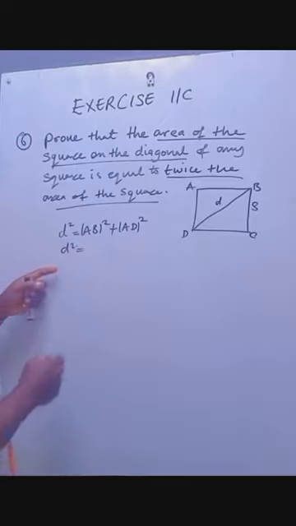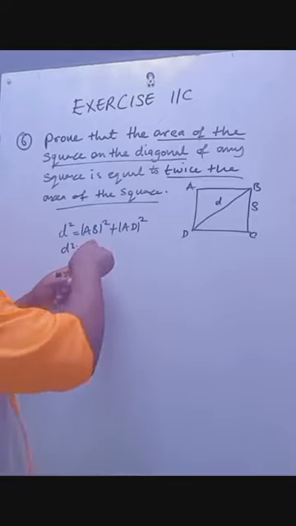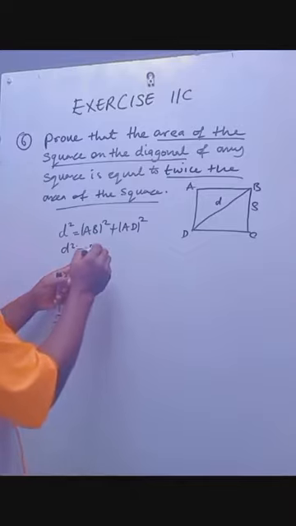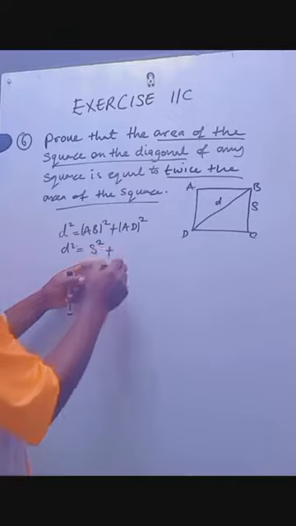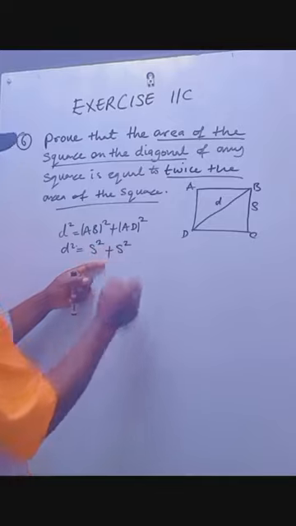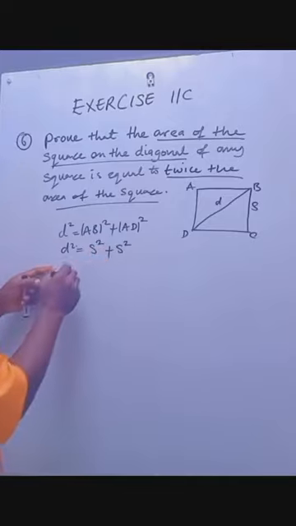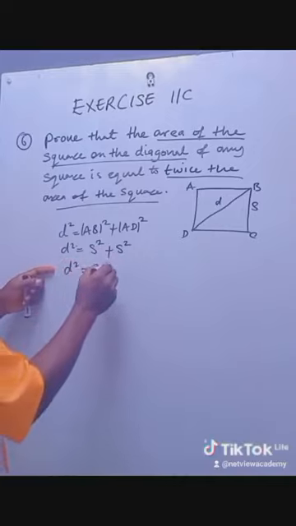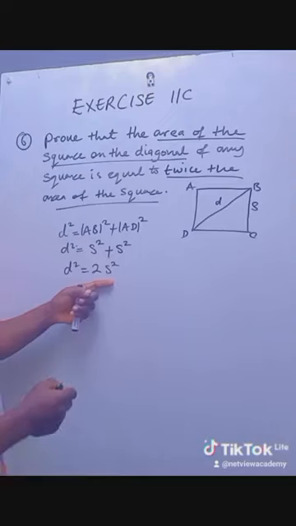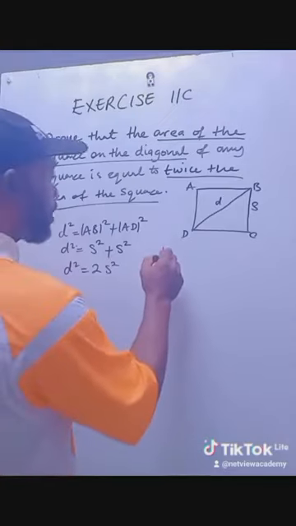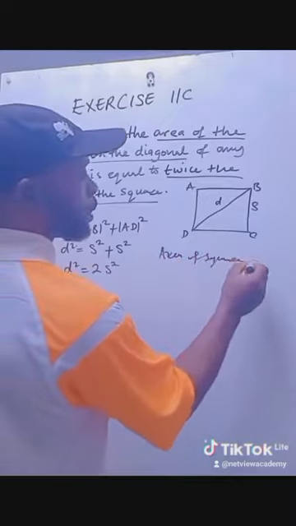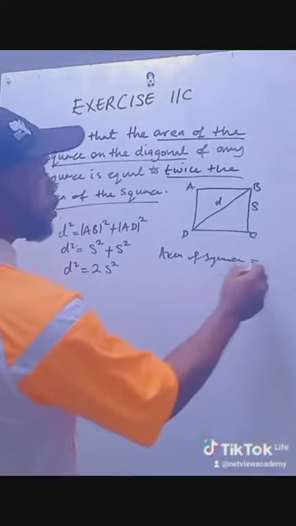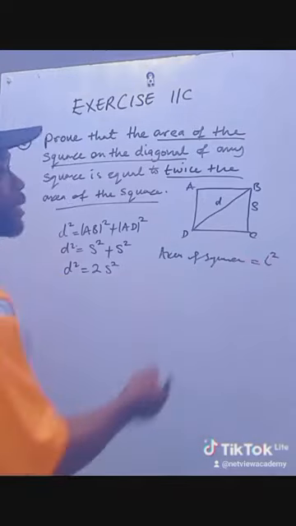D squared is equal to S squared, because S is the dimension of the side of the square, plus S squared. Therefore, this is the same thing as D squared is equal to 2S squared. We know that the area of a square is equal to the square of the length of the sides of the square.